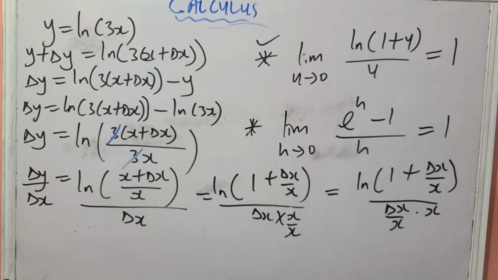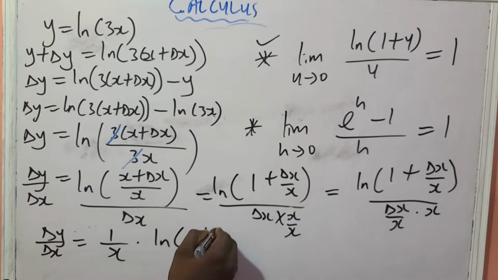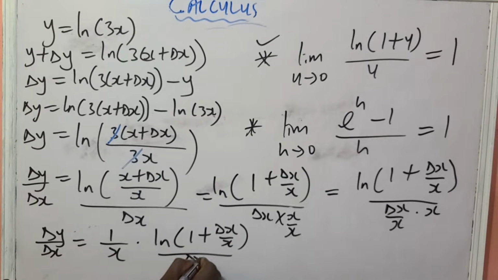So now, look at what's going on here. I want you to know that what I wrote there is the same thing as this. So let me bring my change in y over change in x is equal to 1 over x multiplied by ln 1 plus change in x over x, over change in x over x.